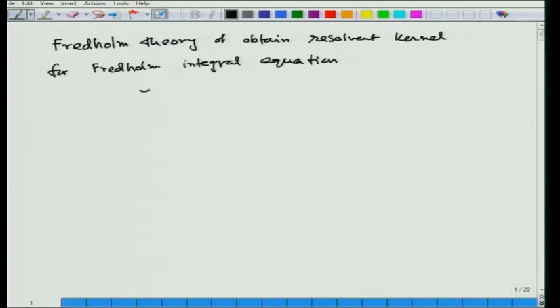which is given by y(x) equal to f(x) plus lambda integral a to b k(x, s) y(s) ds.